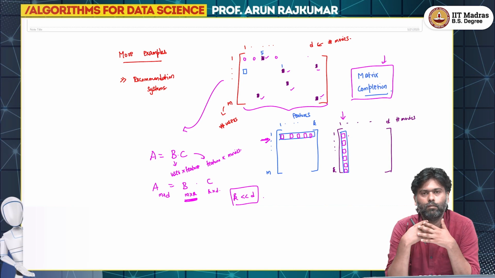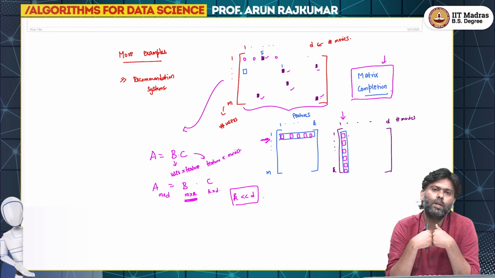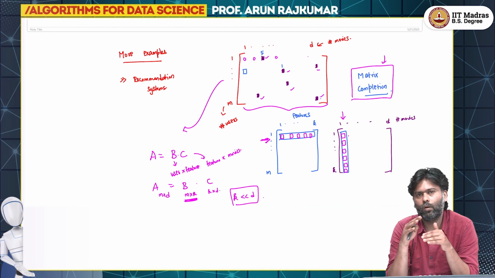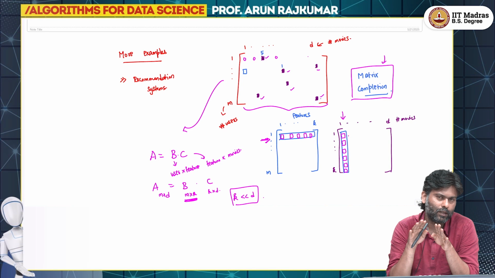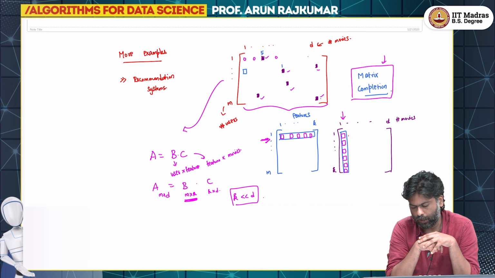In PCA, there is nothing to complete, but you still want to do dimensionality reduction, and again you rely on low rank assumption. Here you want to complete the matrix, you still rely on low rank assumptions, and in both the cases we use singular value decomposition to get our job done.